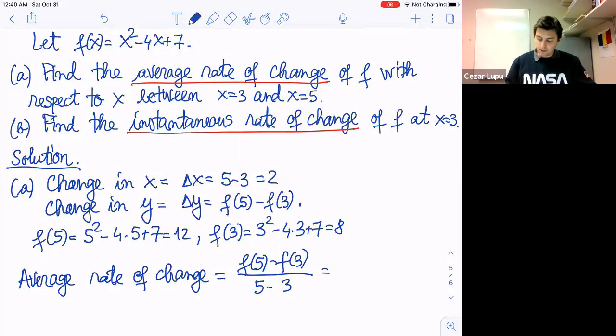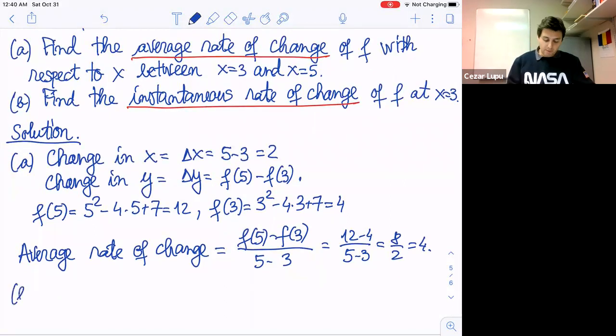So wait, I made a mistake here. This is not 8, this is 4. Yeah, this is algebra. Anyway, so this would be 12 minus 4 over 5 minus 3. Well, this is 8 over 2, which is 4. So that's the average rate of change.